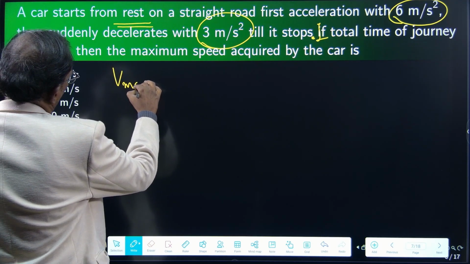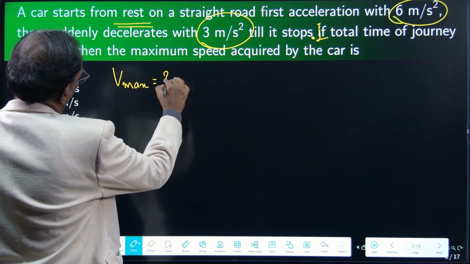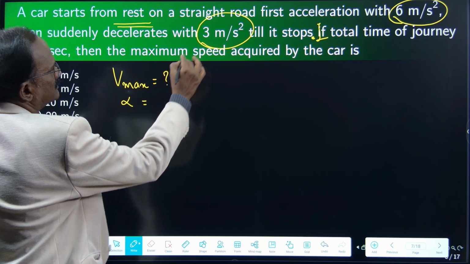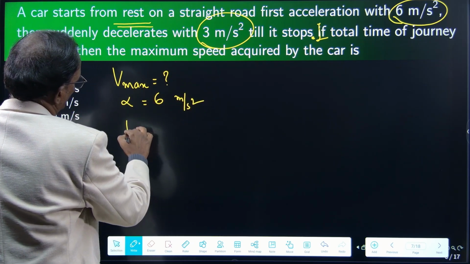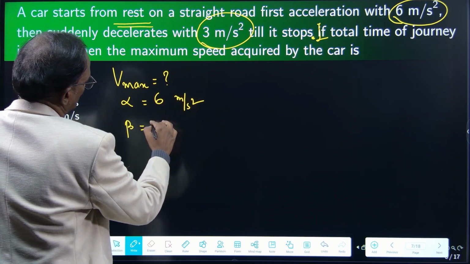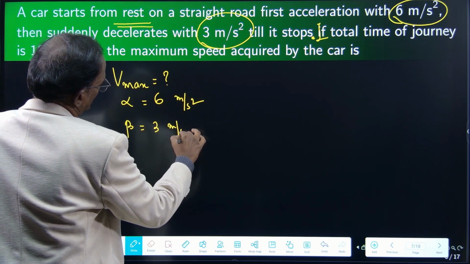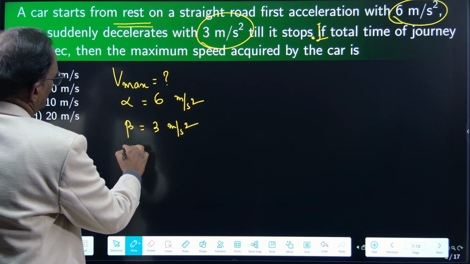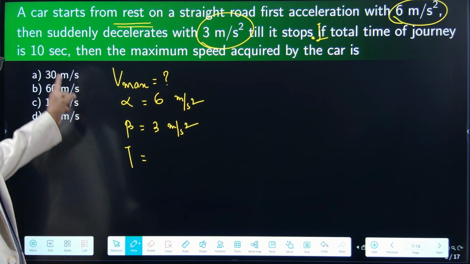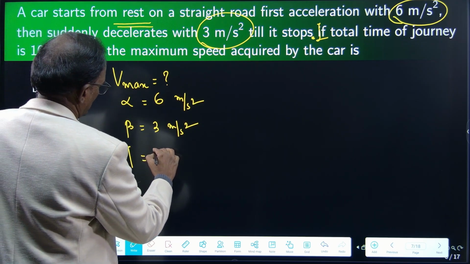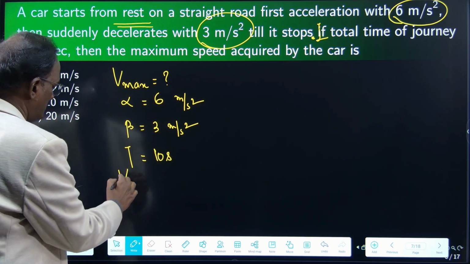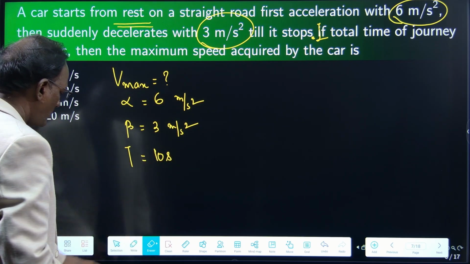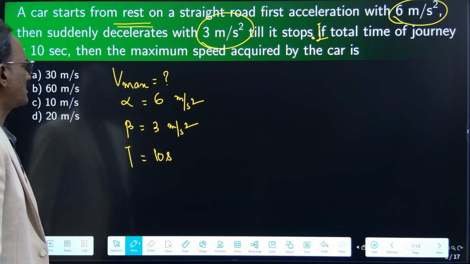V max has been asked. Alpha is equal to 6 meter per second square. Beta is equal to 3 meter per second square. Total time, capital T, 10 seconds. Then what is the maximum speed? What is the maximum speed?